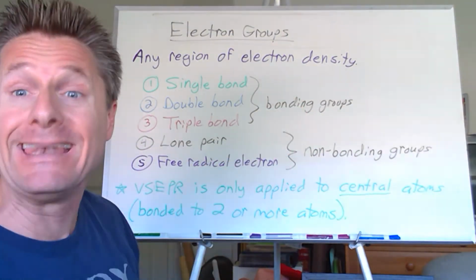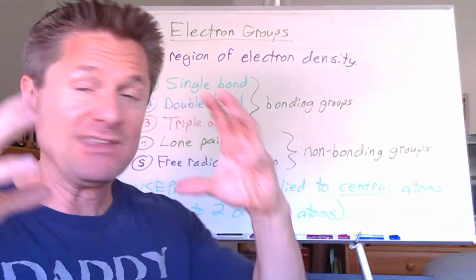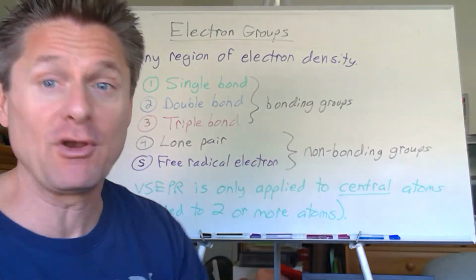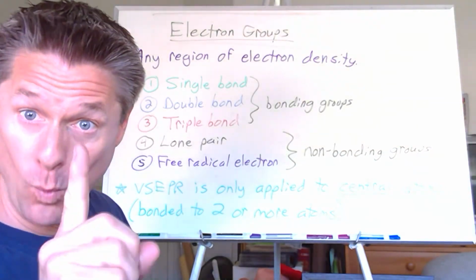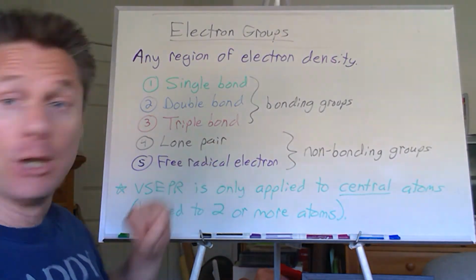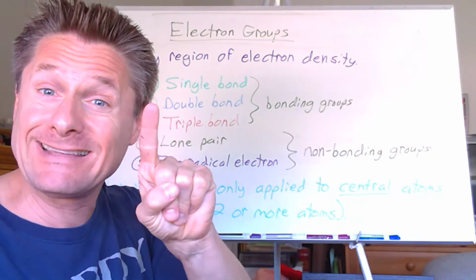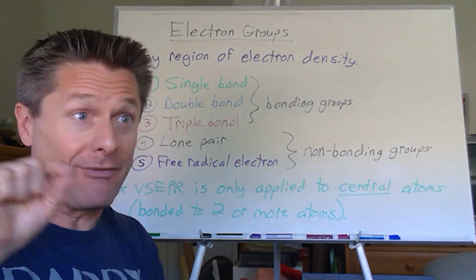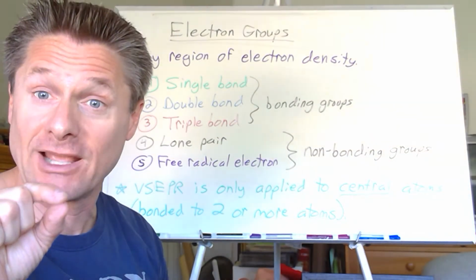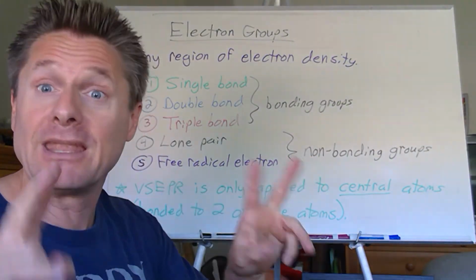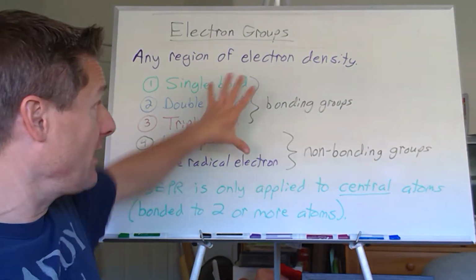These are the bonding groups: single bond, double bond, triple bond. Same region of space, just different numbers of electrons trapped in there, but they count as one group in VSEPR theory. A lone pair, you've got the non-bonding group, or a single free radical electron. That still is a region of negative electron charge. So those are your non-bonding groups. There you go.